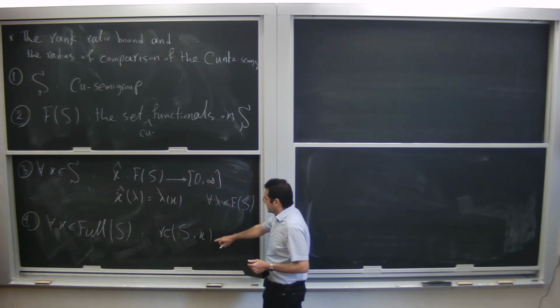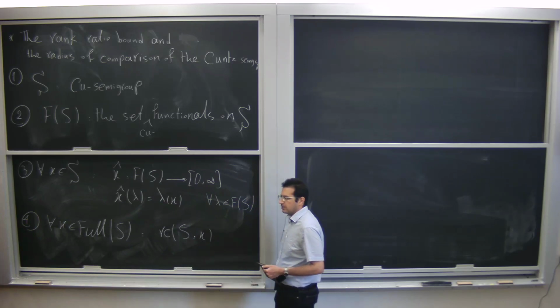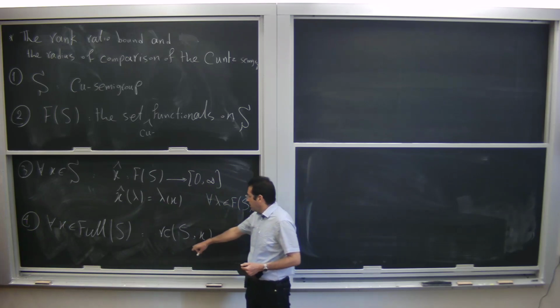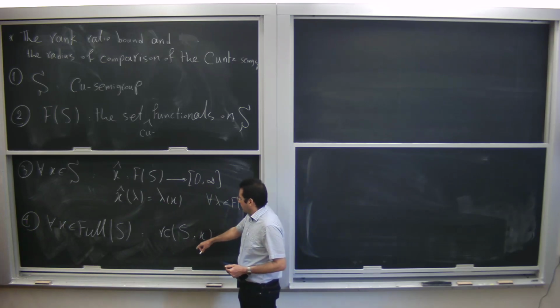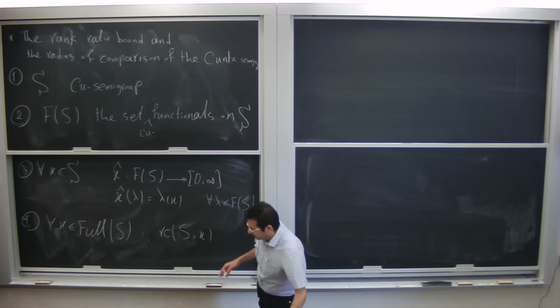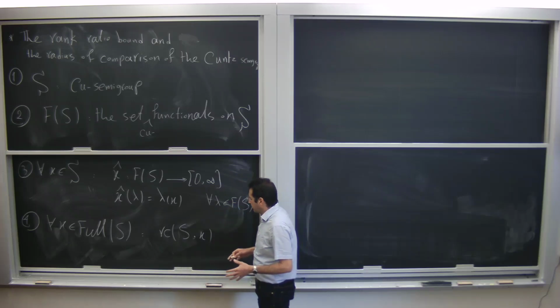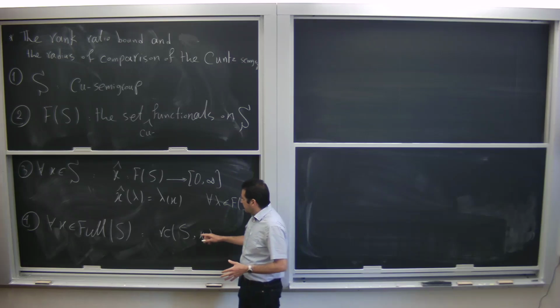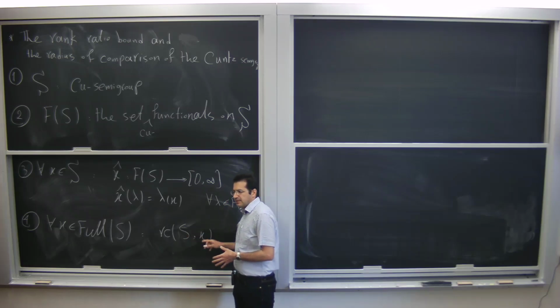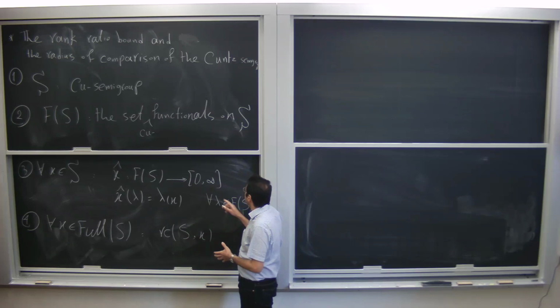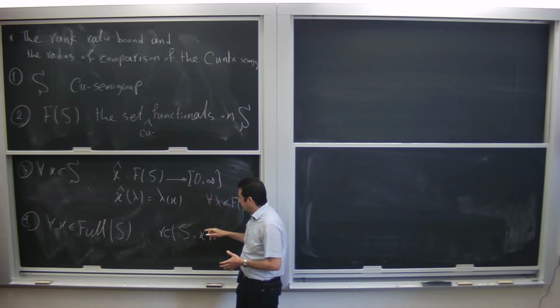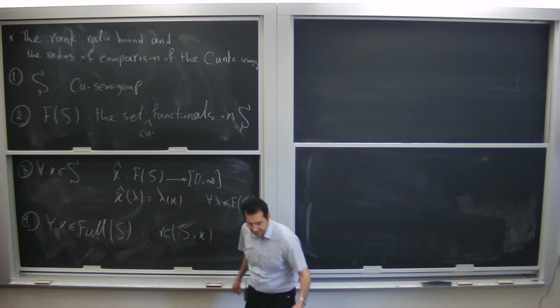I will give you the exact definition later, but in terms of C*-algebras, for any C*-algebra this gives you a number between 0 and infinity closed, so this is a numerical invariant.